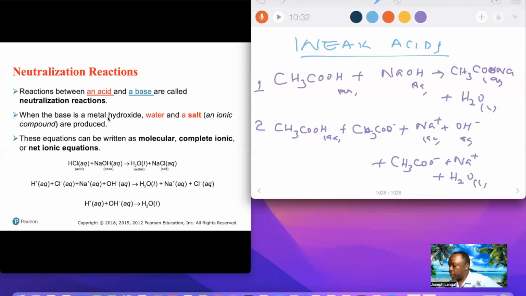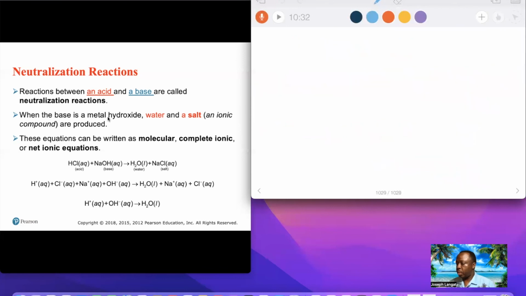So when we cancel, this will go with that, and we remain with hydroxide, the way it is, plus liquid H2O. There is liquid H2O on the other side.